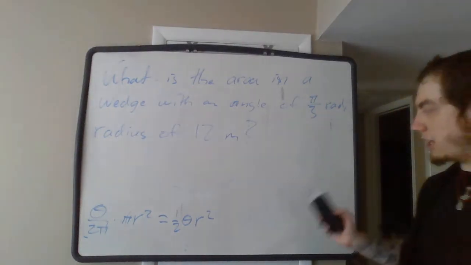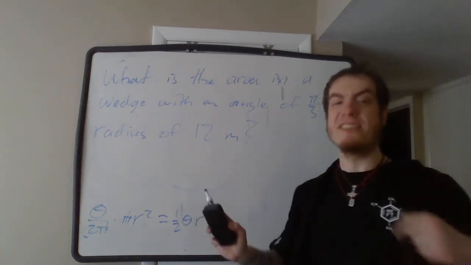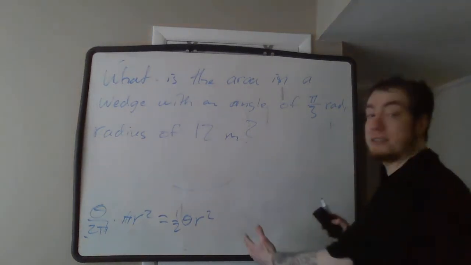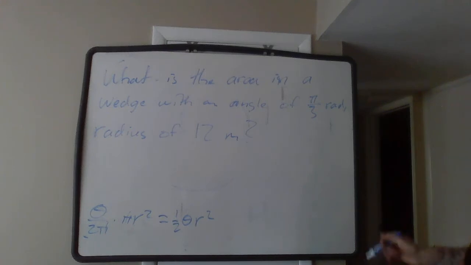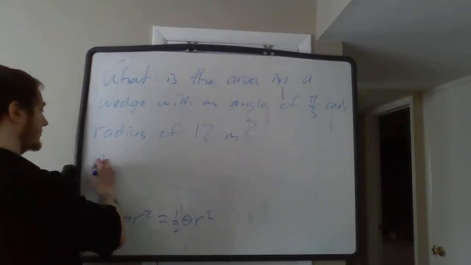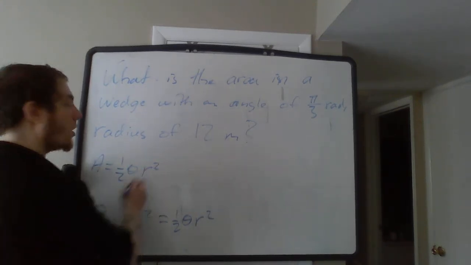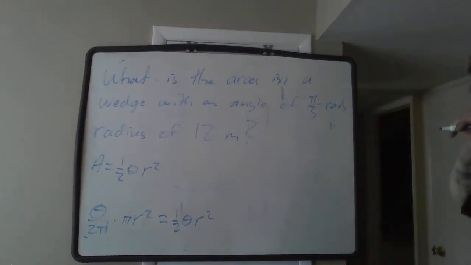Well, the way that we're going to work it out is we're just going to use this formula. The angle happens to have been given to us in radians, so we're all set to just plug things into this formula and be done with it, okay? So the area here is 1/2 theta r squared.